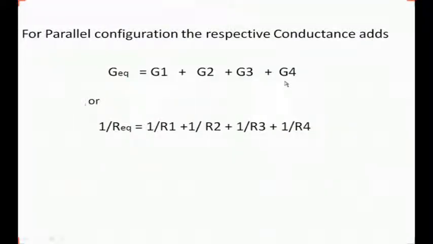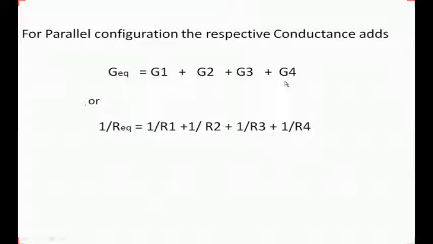Here we have seen that we have connected four bulbs across the voltage source in parallel, and it is represented like this. Now in case of parallel configuration, the equivalent conductance is the summation of all the conductances. You might remember that in series configuration the equivalent resistance was summation of all the resistances.